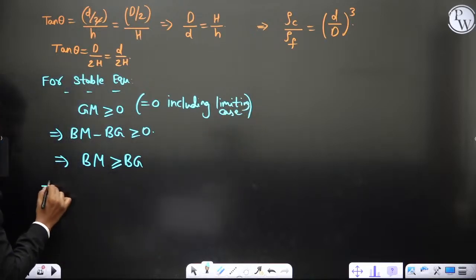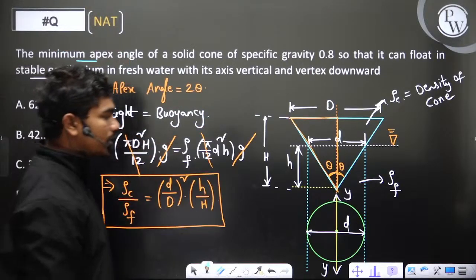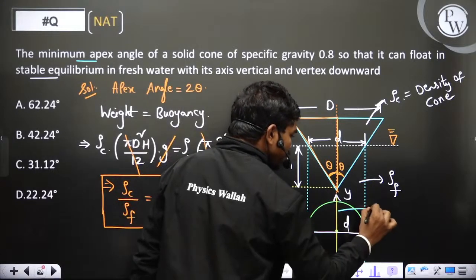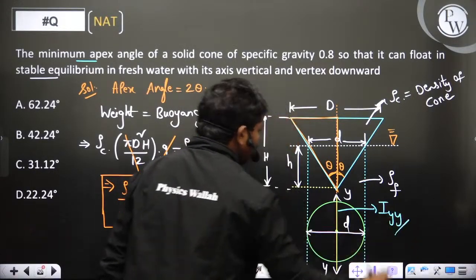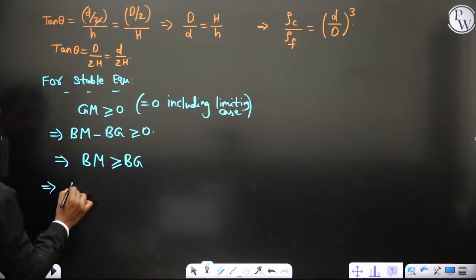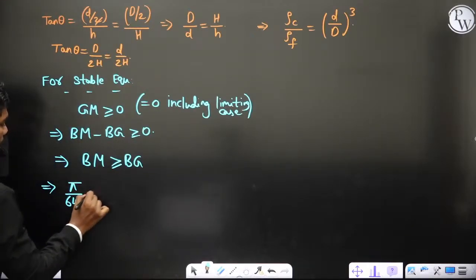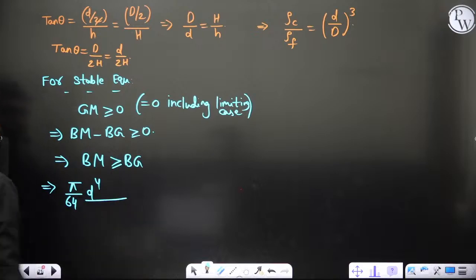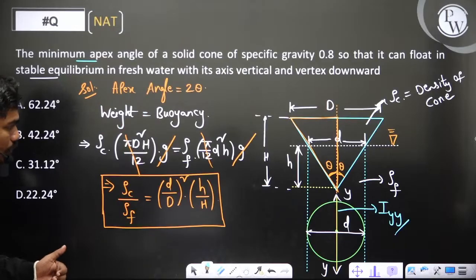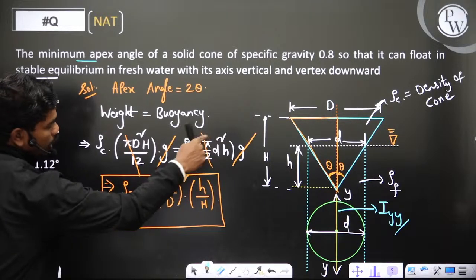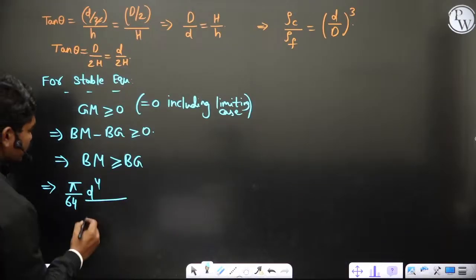Now what is BM actually? So we know when this cone is floating about this axis, BM is nothing but moment of inertia about this axis YY divided by volume submerged. So Iyy is pi by 64 d power 4 by volume submerged. What is the volume submerged actually? This is the amount of volume which is submerged, so pi by 12 d square h.